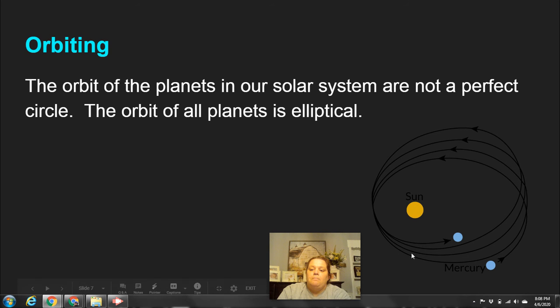But it has a path that it takes, and it takes this path all the time. So all planets, they don't go in a perfect circle, and they don't stay on that perfect circle. They have more of an elongated path, and they stay on that path. And that is actually one of the criteria to be classified as a planet. And we'll get to that here in a little bit.